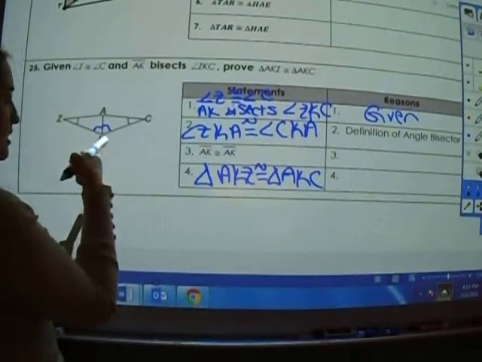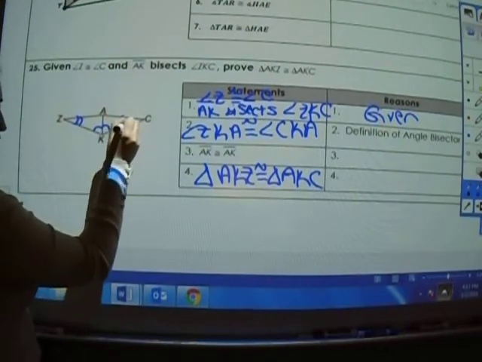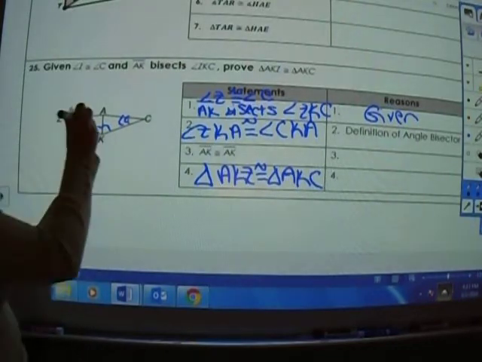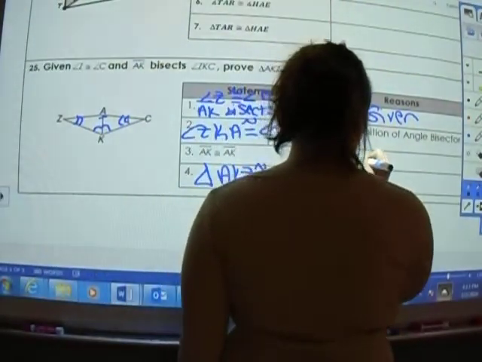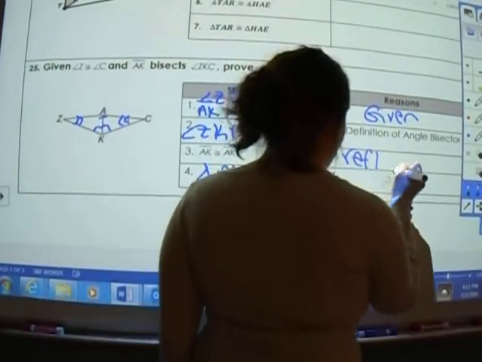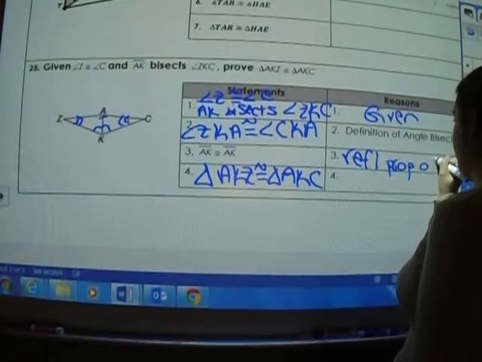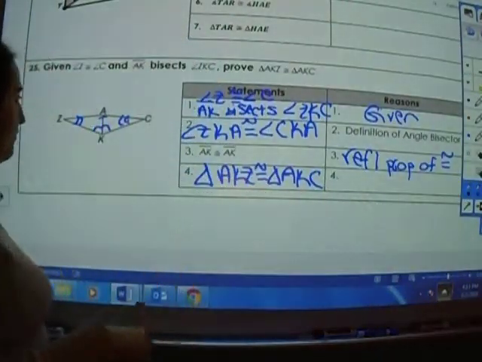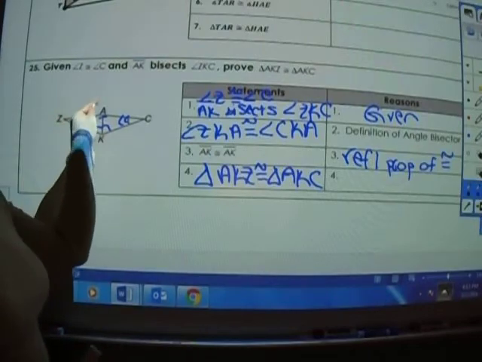And we were given that this angle is congruent to this angle, right? Just going to draw that in so you can see it a little bit better. Okay. So finally, we have AK is congruent to itself, which we know to be the reflexive property of congruence. And finally, we have that these two triangles are congruent, because of angle, angle, side.